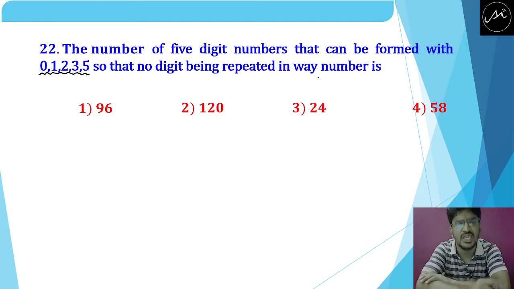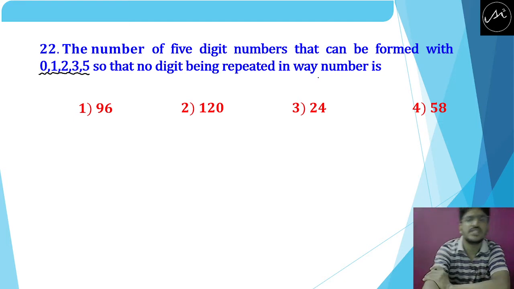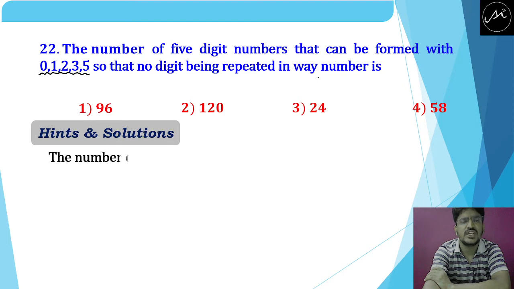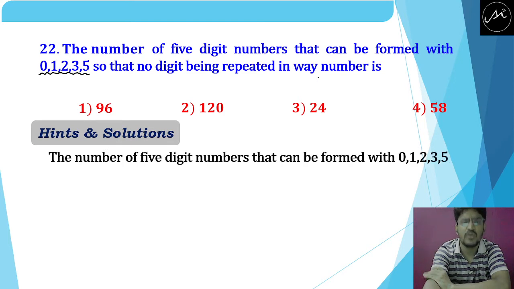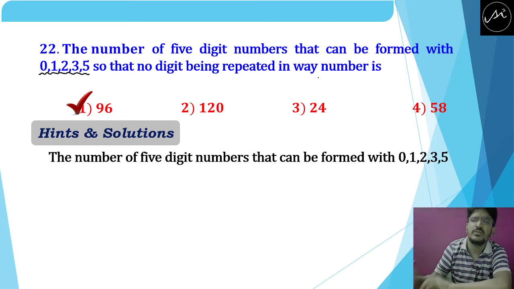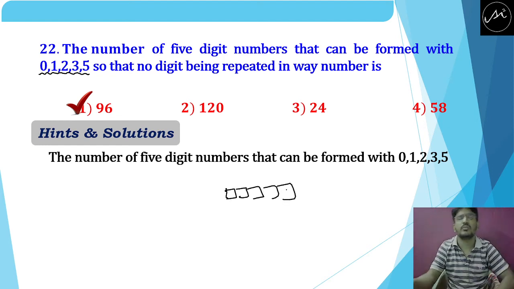Okay, so now you see you got 5 numbers, and the number of 5-digit numbers that can be formed with these 5 numbers, so that no digit is being repeated. By using this, you can just see no digit is being repeated, means 1, 2, 3, 4, 5. You have to make a 5-digit number.